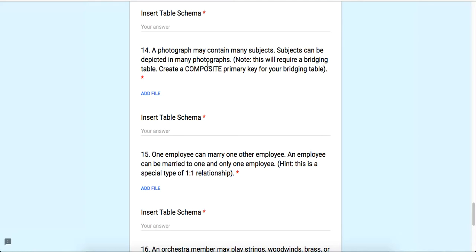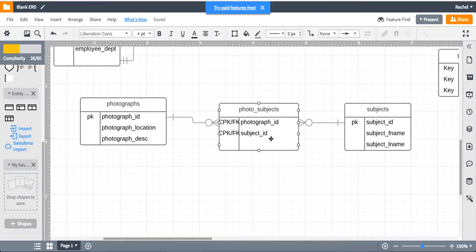And then I also asked you to have a composite primary key for your bridging table. So for that, we have photograph ID and subject ID. They're acting as a composite primary and foreign key. So the way you could indicate this with your diagram, you could list these twice, or you could list them together in the same line with a comma separating them. It's totally fine.